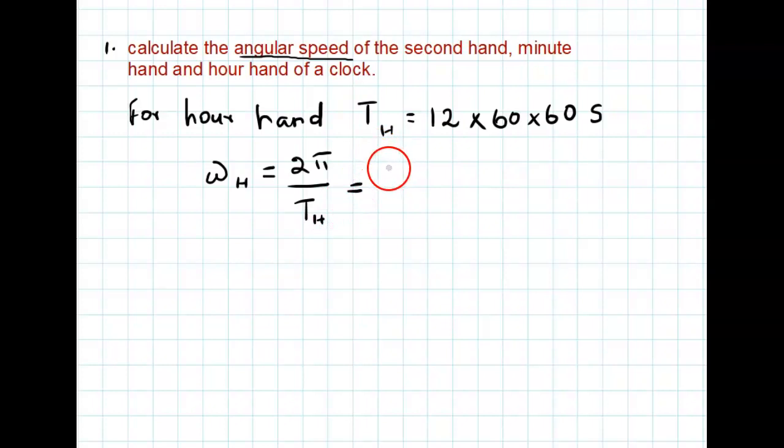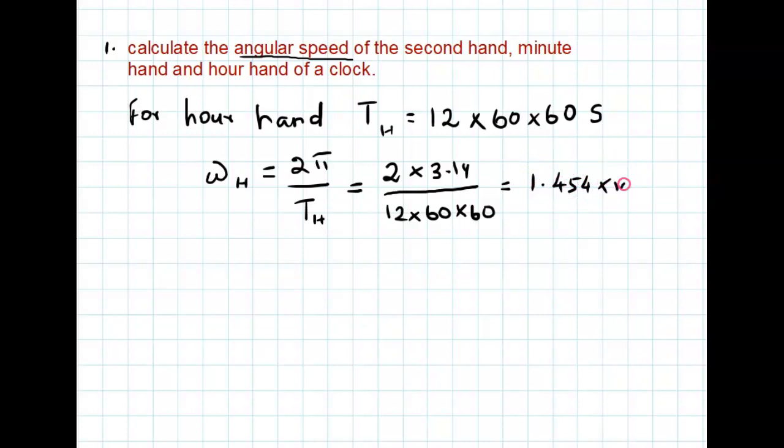You can put all the values: 2 times 3.14 divided by 12 times 60 times 60, which is equal to 1.454 times 10 to the power minus 4 radian per second.